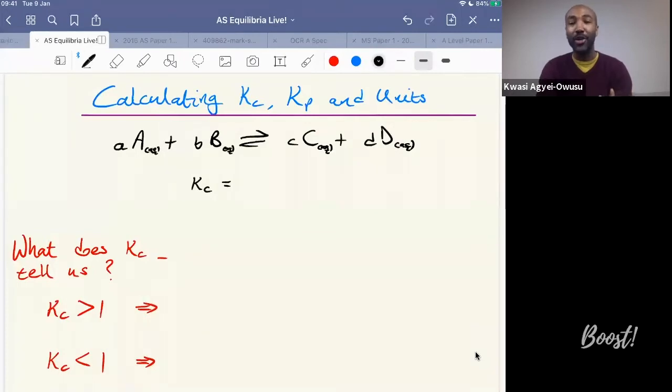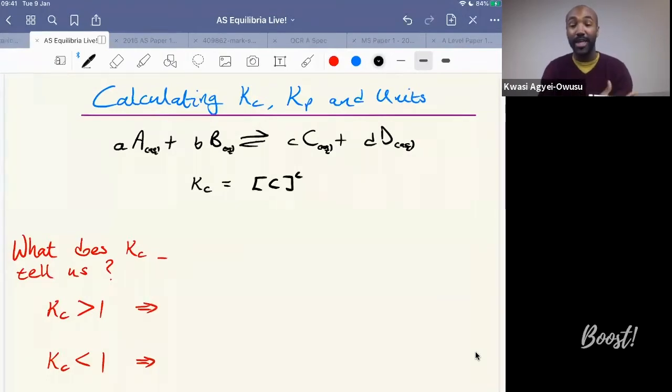And of course, in a closed system, this reaction will reach equilibrium, and we can write an expression that describes the position of equilibrium. The expression for Kc in this generic equation is given by the concentration of C raised to the power lowercase c.